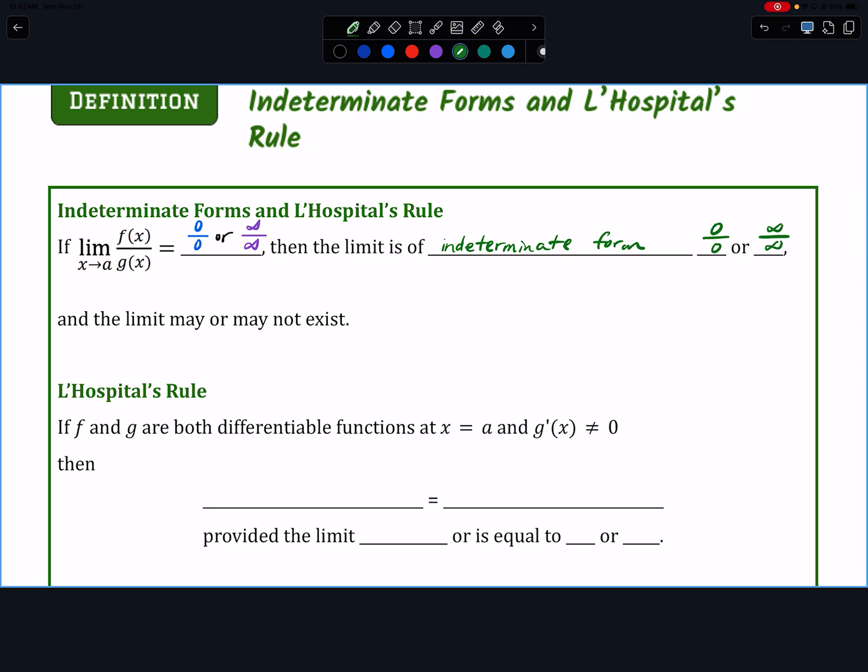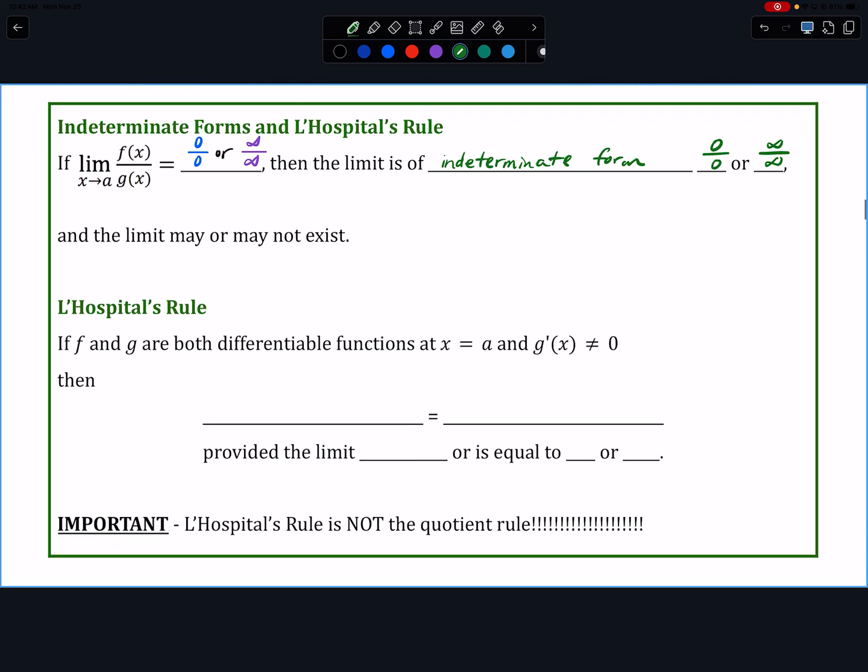And so that means the limit may or may not exist.